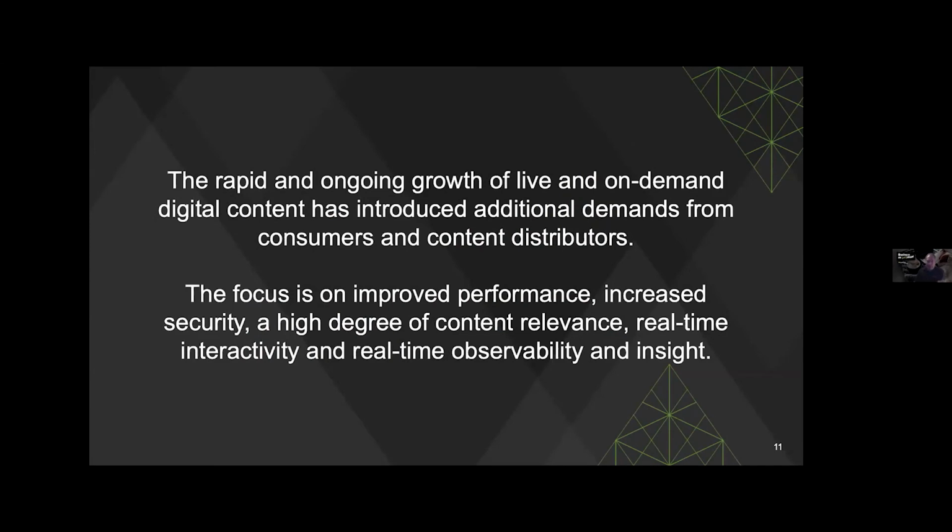We think really that the key for OTT now is that we are in this phase where there are now many additional demands from consumers about content. What will we put up with in terms of searching for content? What will we put up with in terms of how easy it is to get to the channels and the content that I want through the application?